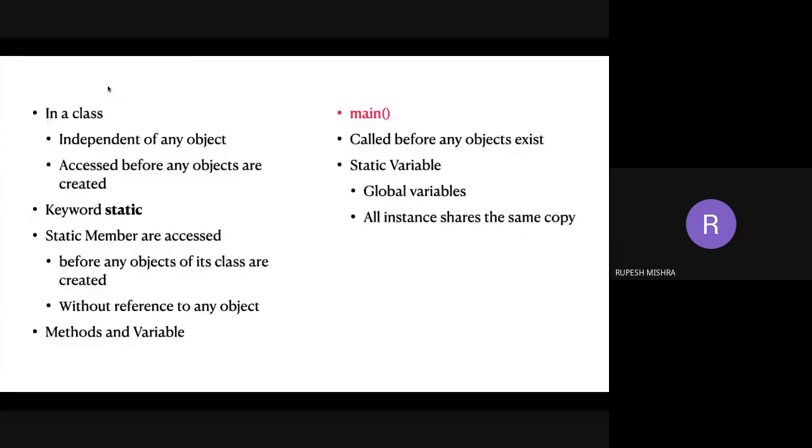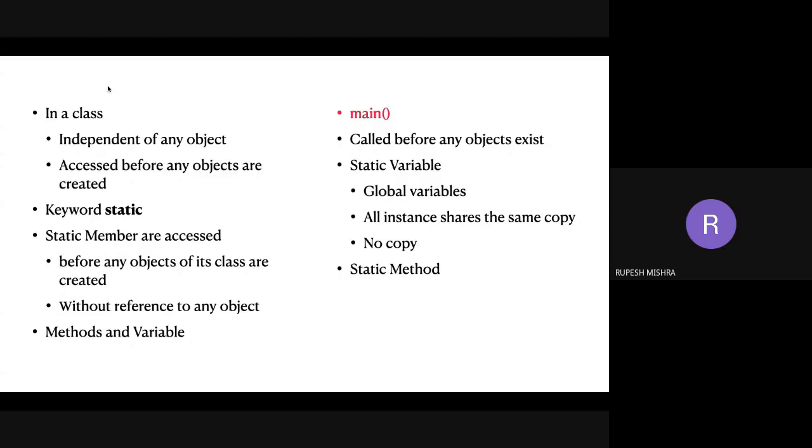It's not like I'm creating a separate copy for separate objects. There is only one single copy available, and that single copy is accessible to all the objects. So there is no duplication here.